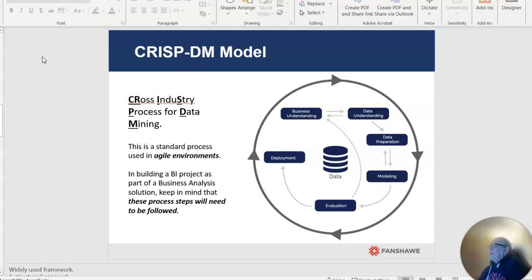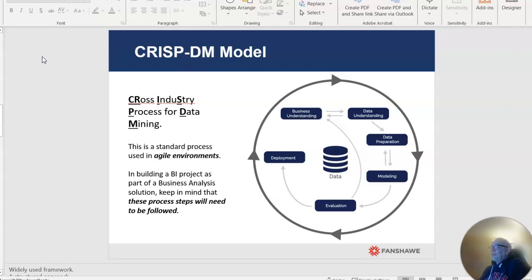It is a widely used framework that outlines the steps involved in a typical data mining machine learning project. It provides us with a structured approach to guide organizations and data scientists through the different stages.